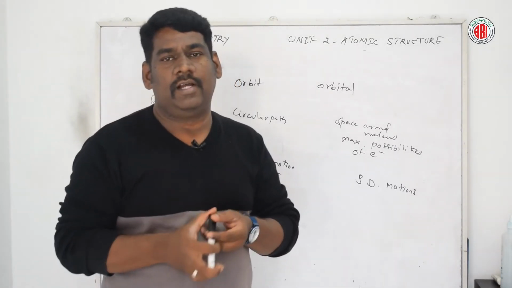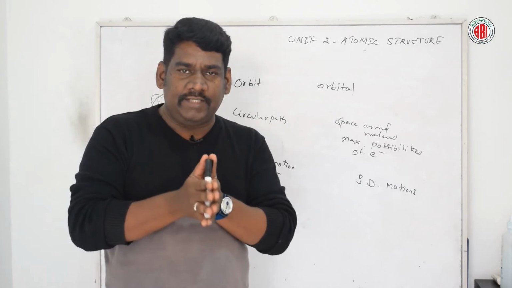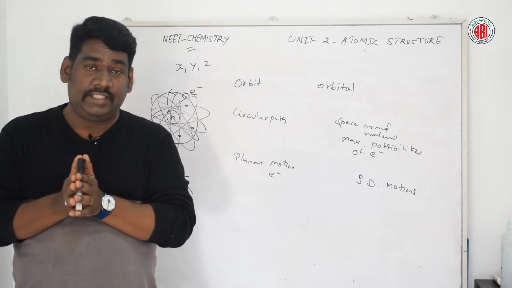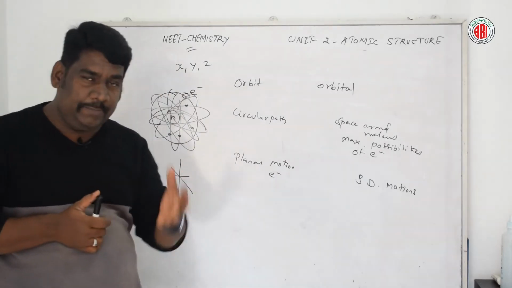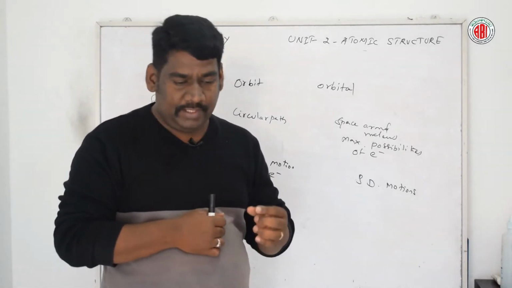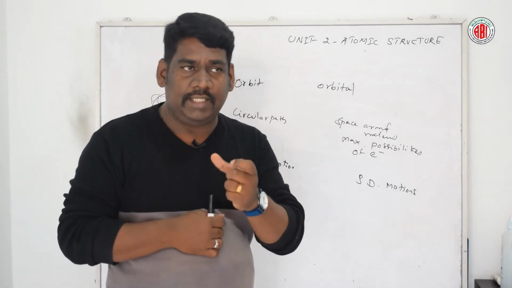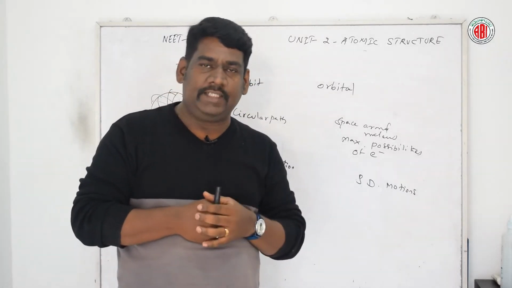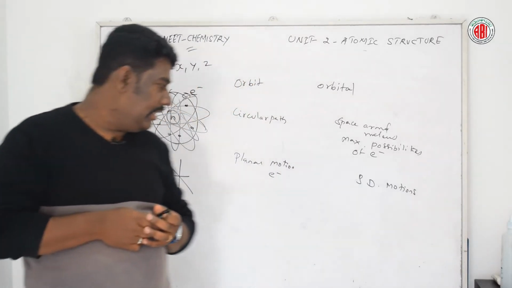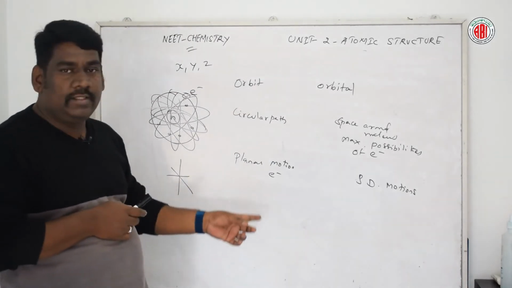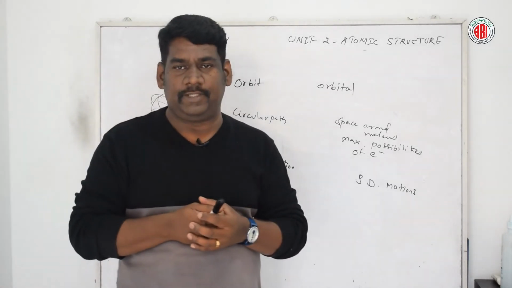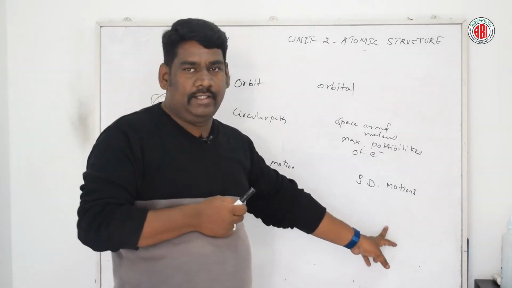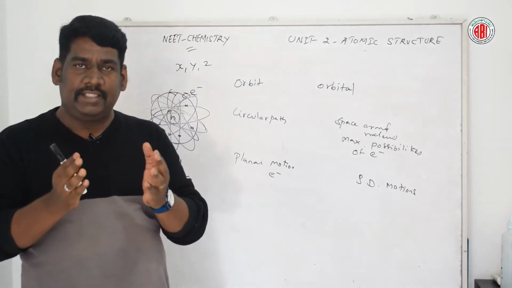Next, an orbit gives the definite path of an electron, and this concept is not in accordance with the uncertainty principle. The uncertainty principle says that knowing the accurate position and the velocity of the particle together is impossible. So an orbit does not obey the uncertainty principle, whereas an orbital does not specify a definite path.